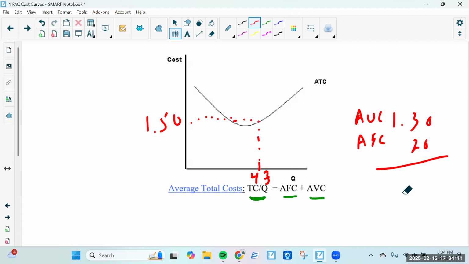So on average, it's costing me $1.50 for each ice cream that I produce. So I have to make sure that my price is greater than $1.50, or I shouldn't be in business, right?